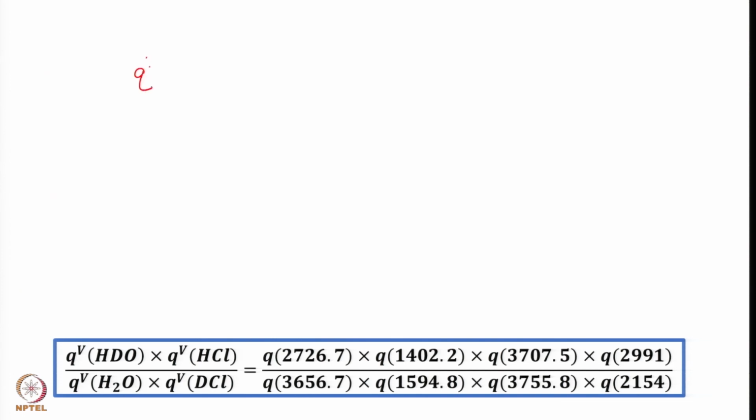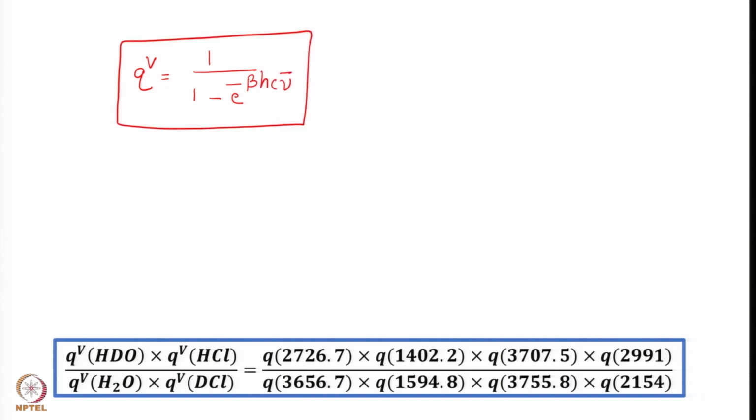Vibrational contribution q V is 1 upon 1 minus exponential of minus beta h c nu bar. You are given the value of the vibrational wave number, you are given the temperature, you can easily calculate the value of the vibrational partition function. Remember that Q vibrational is a product of the vibrational partition functions for each normal mode.